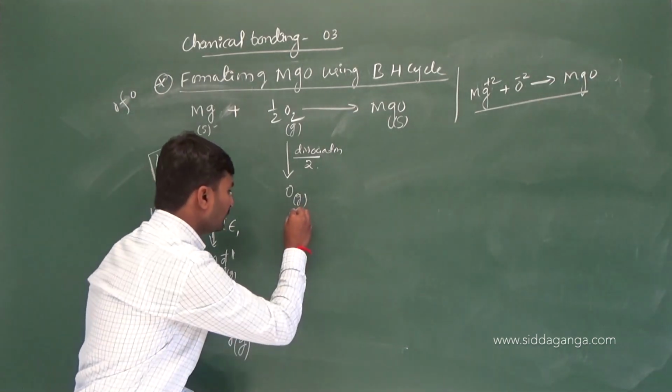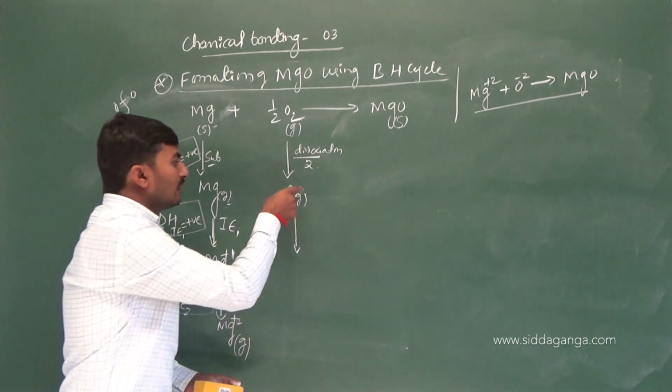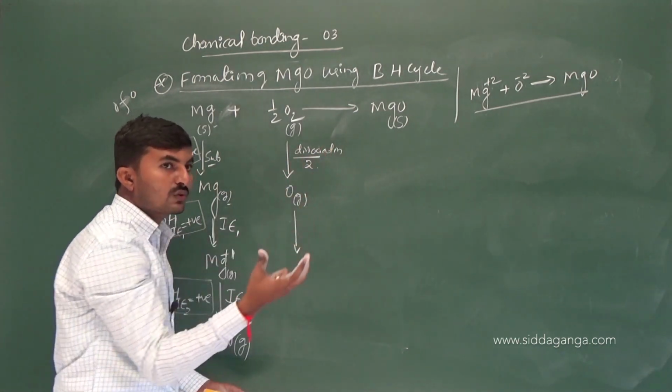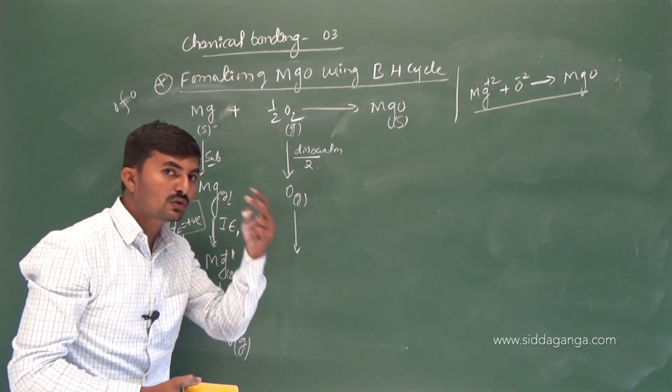Then in the second step, what is the work of oxygen here? It used to accept the electrons. Now how many electrons? It used to gain 2 electrons.